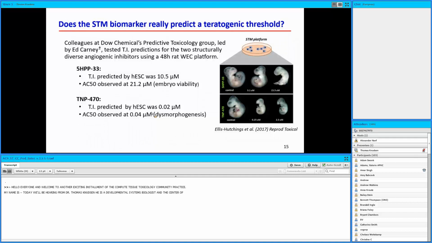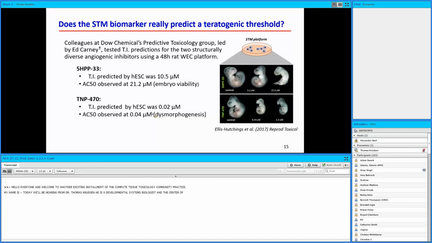However, Ed Carney's group, while he was alive, Ed Carney's group at Dow Chemicals was interested in testing these two compounds in their whole embryo culture system, rat whole embryo culture system. So the predictions, again, for both of these compounds were made from the human stem cell work.